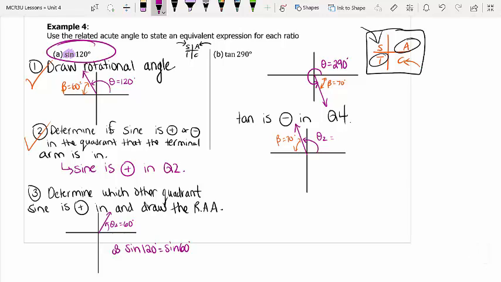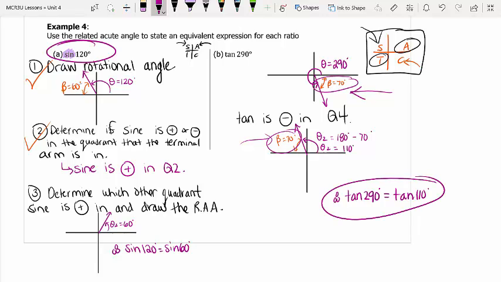So it's going to be 180 degrees minus the related acute angle. Okay, so therefore, an equivalent expression would be tan of 290 is equal to tan of 110. Okay, tan is negative in both quadrant 4 and quadrant 2. They both have the same related acute angle. Okay, that's how we're generating this expression.